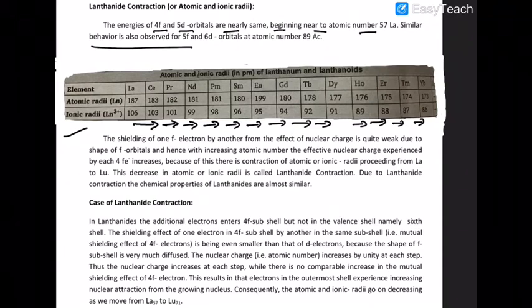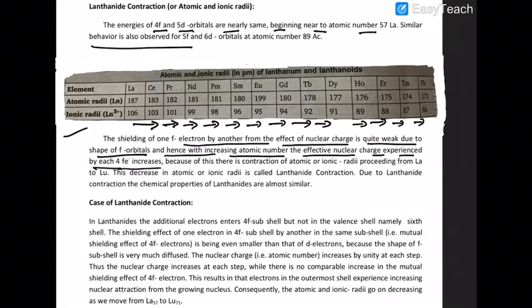The shielding of one f electron by another from the nuclear charge is quite weak due to the shape of the f orbitals, and hence with the increasing atomic number the effective nuclear charge experienced by the 4f electrons increases. Because of that, contraction of the atomic and ionic radii is produced from lanthanum to lutetium.